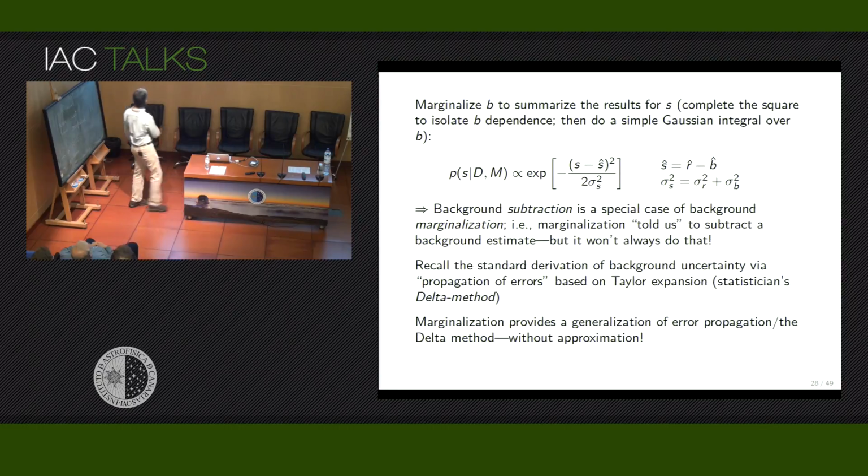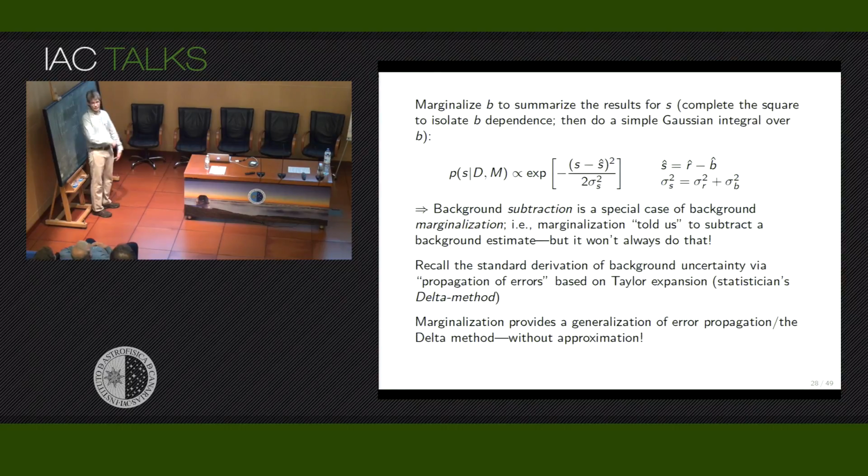We marginalize over B. I skipped some algebra, but I showed you the algebra, that slide where we went through completing the square. You do the same thing here. Complete the square in B, because we're going to be integrating over B. Then you'll get a Gaussian in B that you can integrate over, and some constants come out of that. And then the piece that's left is an S-dependent piece.